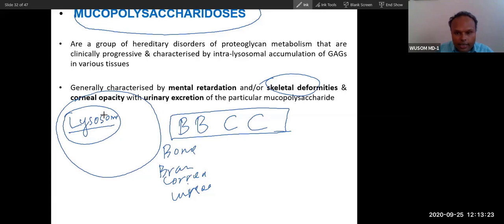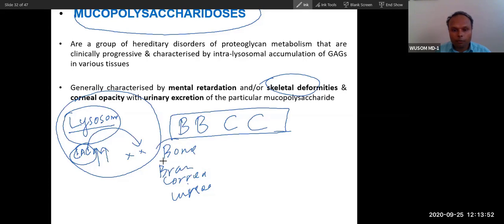If certain enzymes are deficient, this will not allow the heteropolysaccharide to degrade. If it is not degraded, this glycosaminoglycan or mucopolysaccharide will accumulate inside the cell.